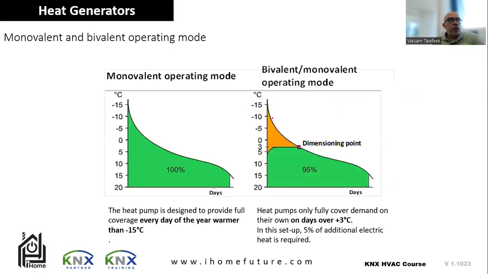Then there is something else you need to understand, called monovalent and bivalent. It's an operating mode. In the monovalent one, the heat pump is designed to provide full coverage every day of the year.